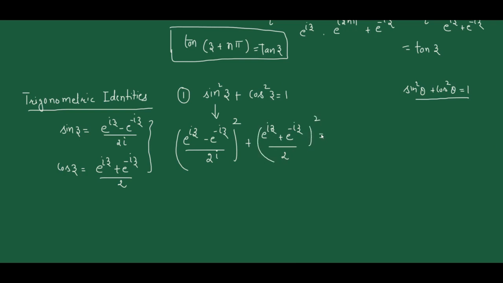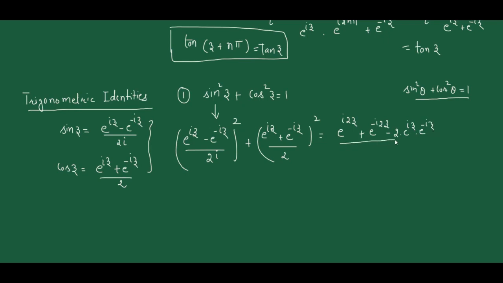Now open these squares. So first, e raised to power iota 2z plus e raised to power minus iota 2z minus 2 times e raised to power iota z into e raised to power minus iota z.